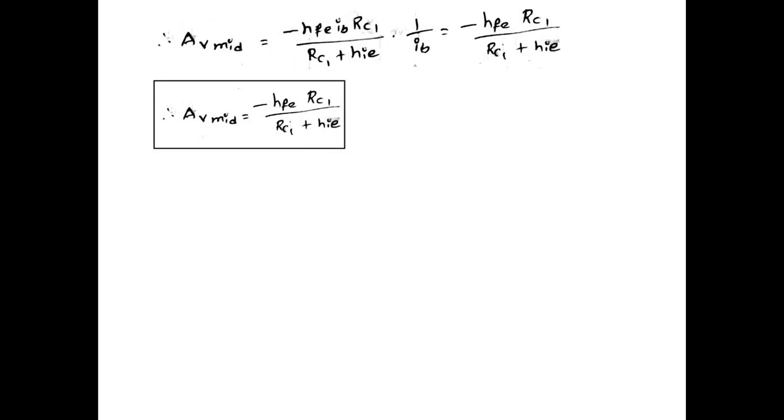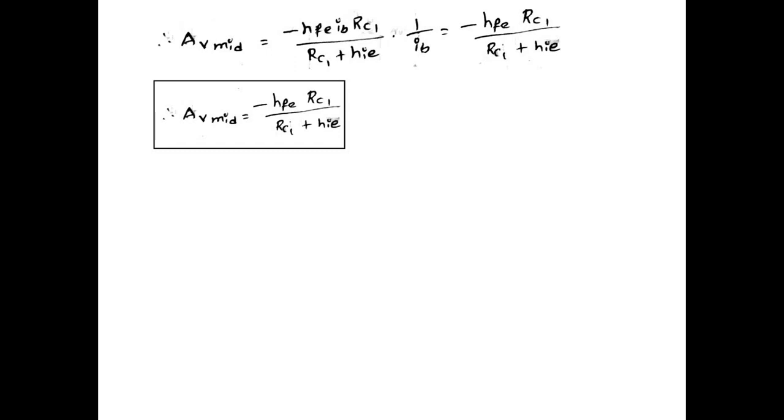Whatever we derive for both low frequency as well as high frequency must be in terms of the mid voltage gain, because you are trying to calculate the lower cutoff frequency and the upper cutoff frequency, and you get the maximum voltage gain in the mid frequency range. That's what we quote as AV mid.